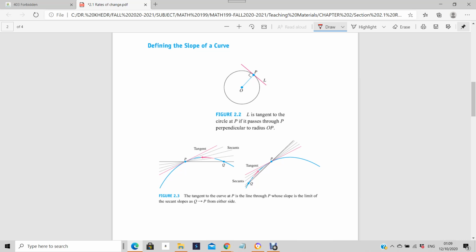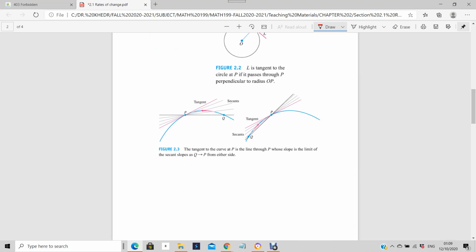How about the graph of a function that is not a circle, like in this figure 2.3, the blue colored one? This is not a circle, it's a curve. So what is the tangent line at point P, let's say? Well, to understand this, let's start with the secant line.